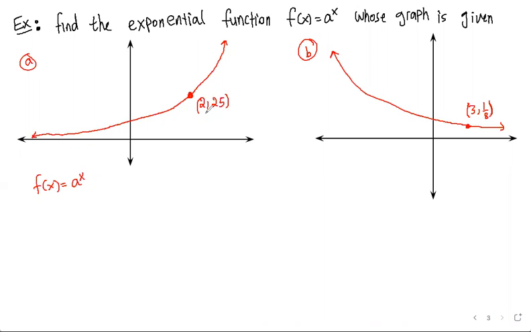The first one gives me an exponential function passing through the point 2 and 25. From this point, I can get that f of 2 equals 25.